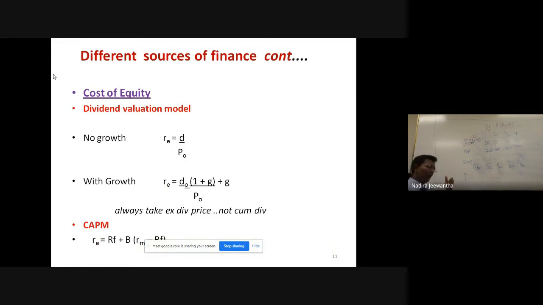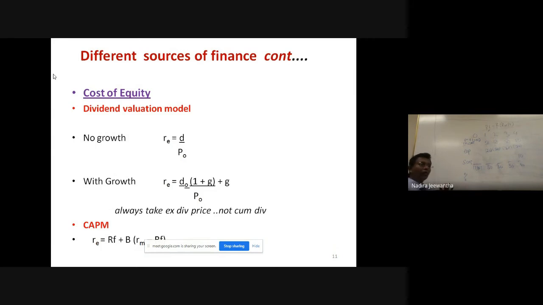Equity and borrowing are the two methods of finding the capital for a particular company. Both the methods have cost: dividend and the interest.